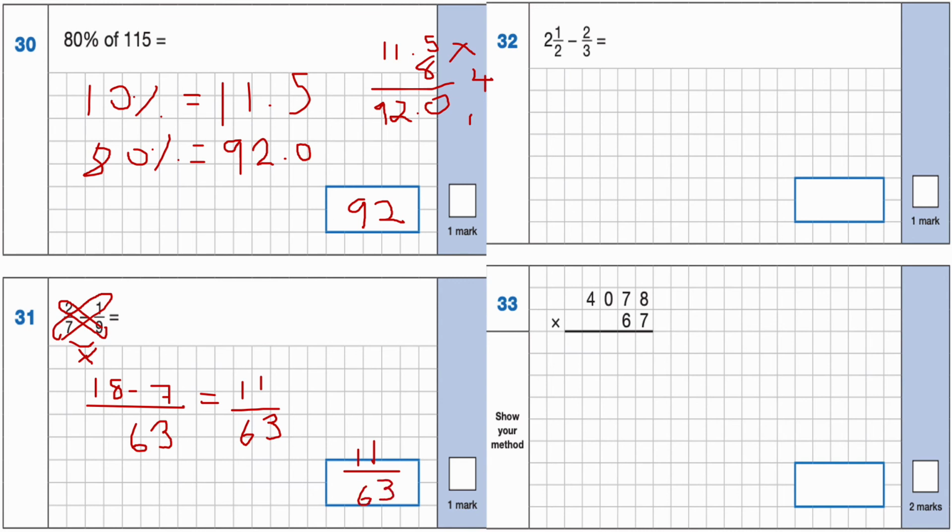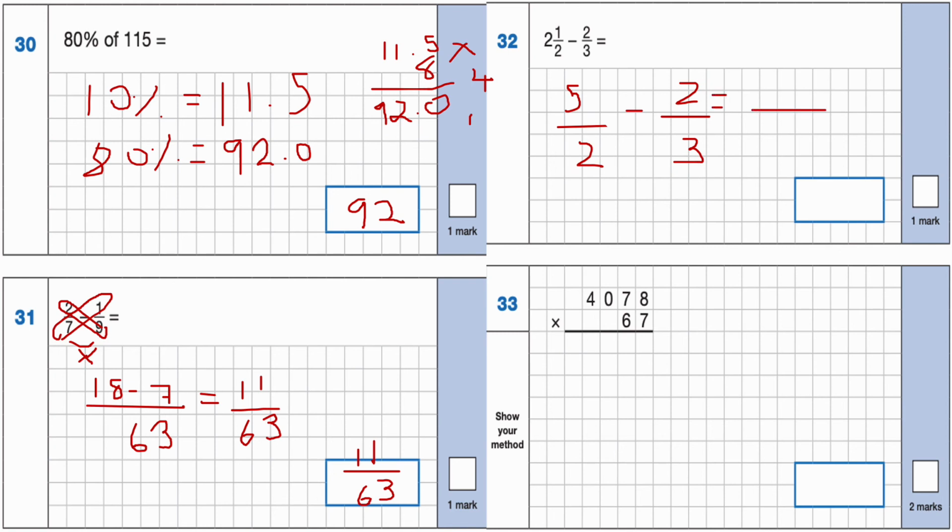For that. Okay, question number 32 is taking away fractions, so changing this to an improper fraction or a top-heavy fraction, okay, it becomes 2 times 2 is 4, plus the 1 is 5, so it becomes 5 halves, take away 2/3.